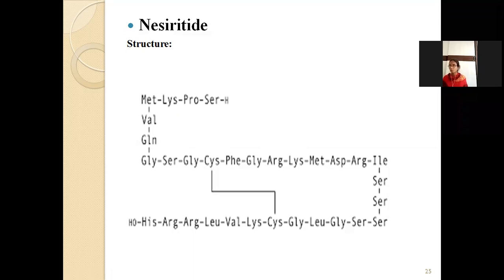See here: valine, histidine. So these are the amino acids. So it is a combination of amino acids.